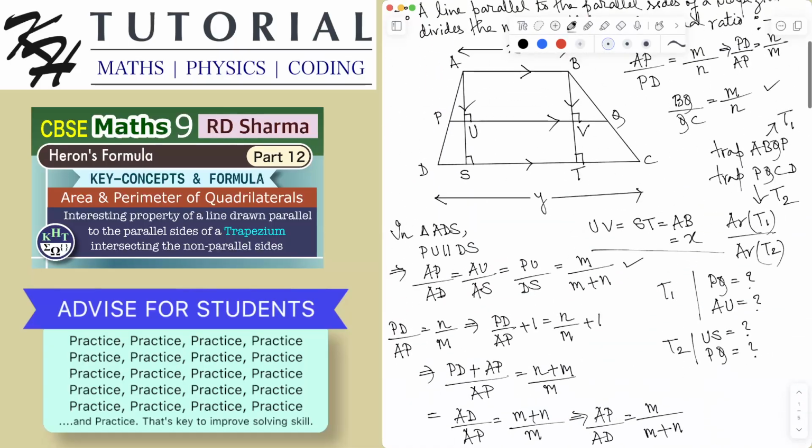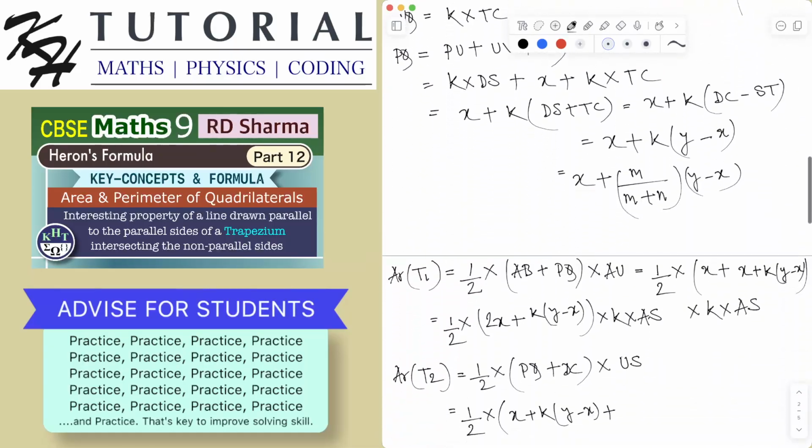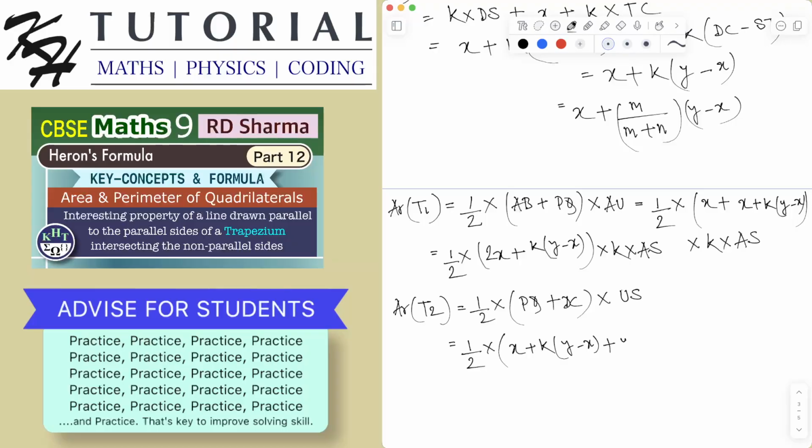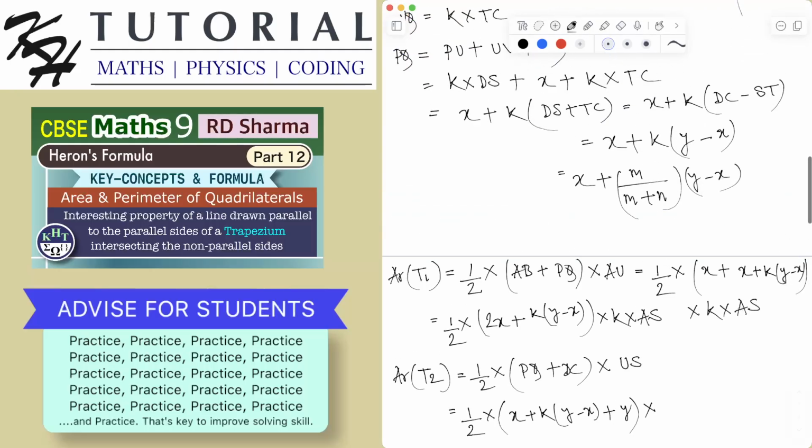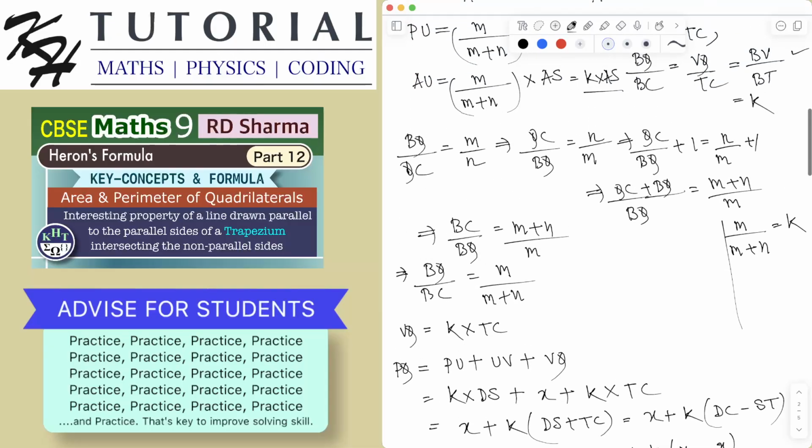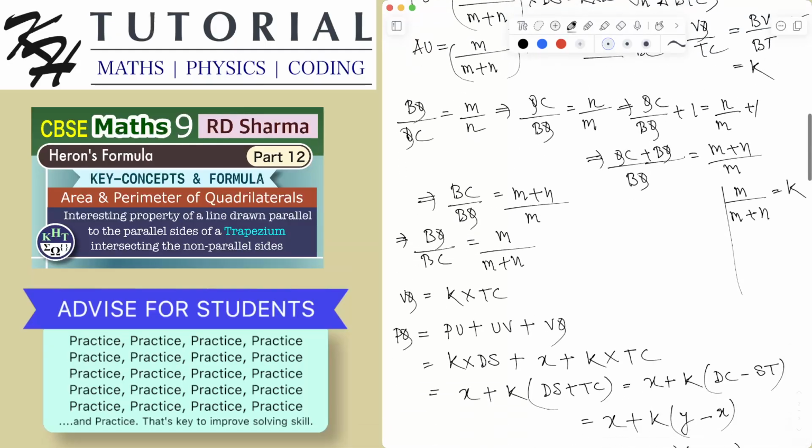DC is y. And we have multiplied by US. What is US?